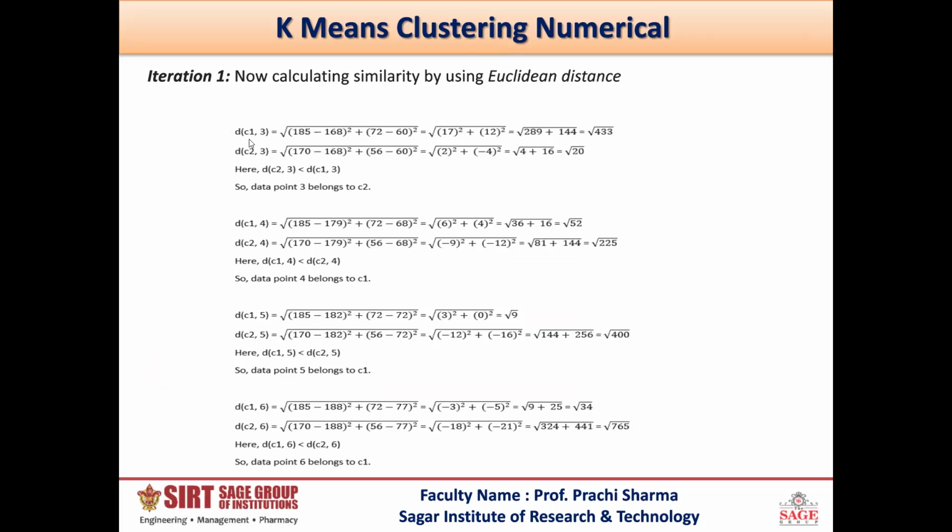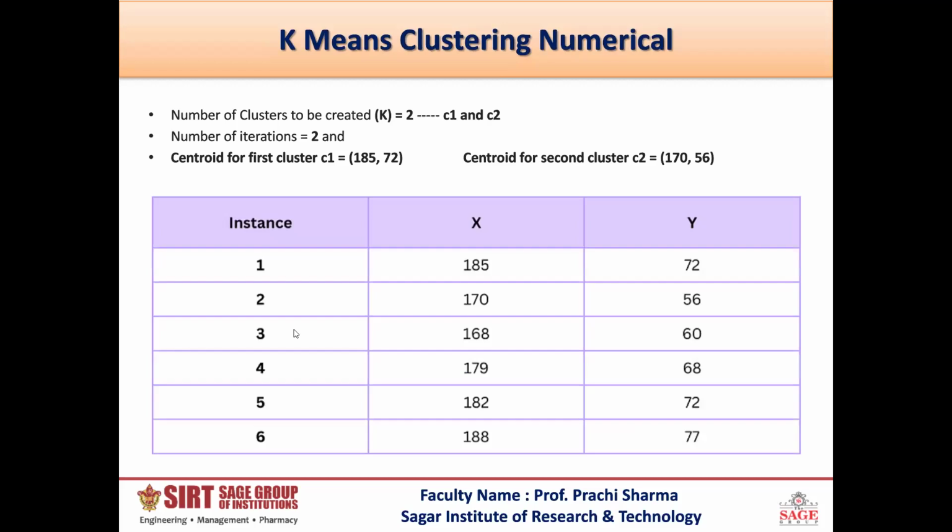So we have been given the C1 cluster as 185 and 72 for x and y respectively, and for C2, 170 and 56. So we will calculate the distance to C1 and C2 for point 3, that is 168 and 60.